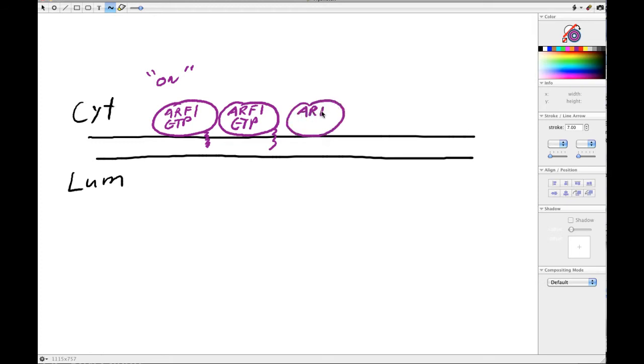So you can see this is almost exactly the same as what we're seeing with COP2 vesicles, except now we're just calling it COP1. I'm not going to draw the SEC7, but I'm just going to put in the KDEL receptor.